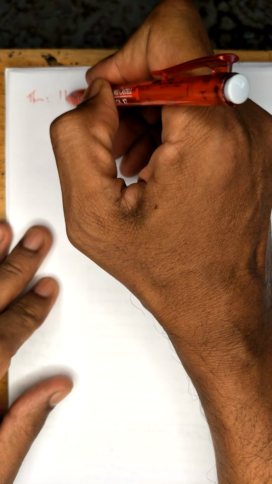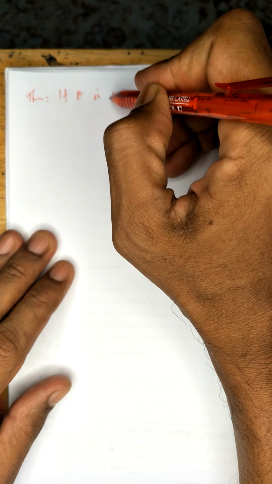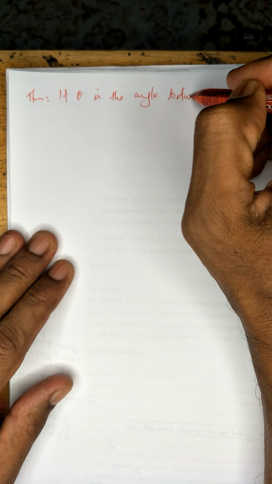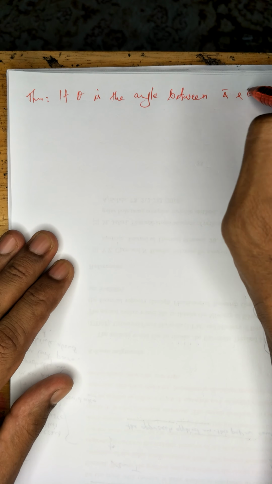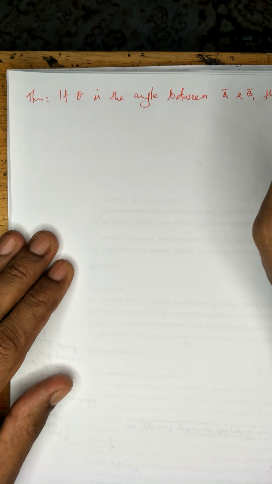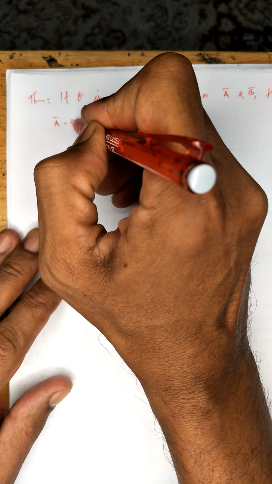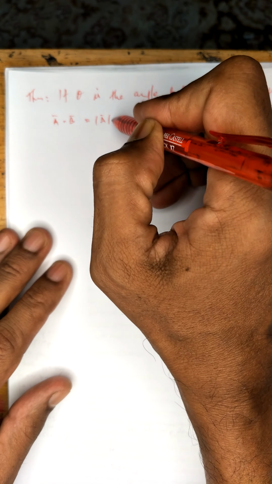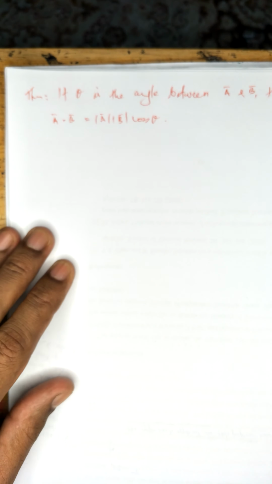If theta is the angle between vectors A and B, then A dot B is equal to the magnitude of A times the magnitude of B times cos theta.